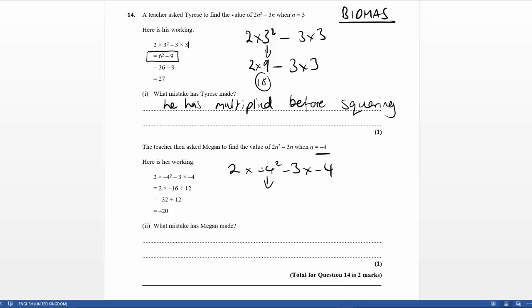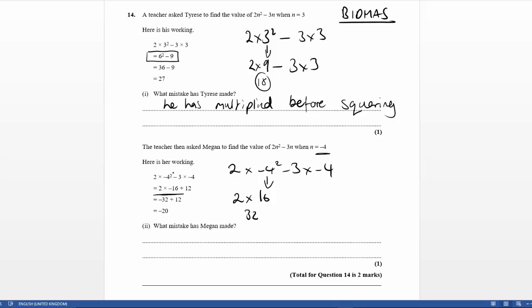If I was to square minus 4, I'm going to get positive 16, and I'm going to do 2 times that, which will give me positive 32. You can see here what's happened.